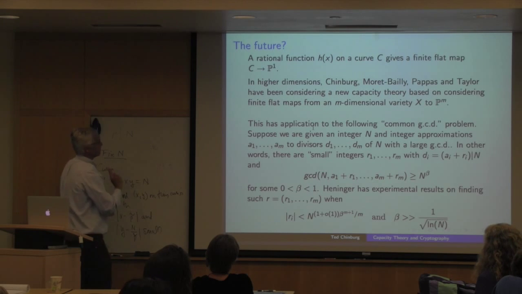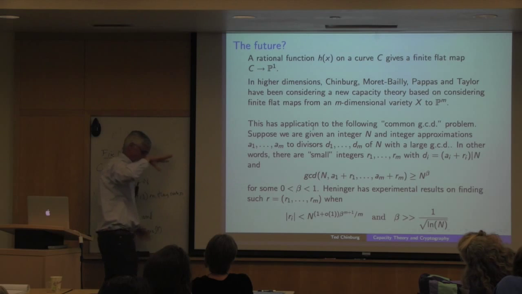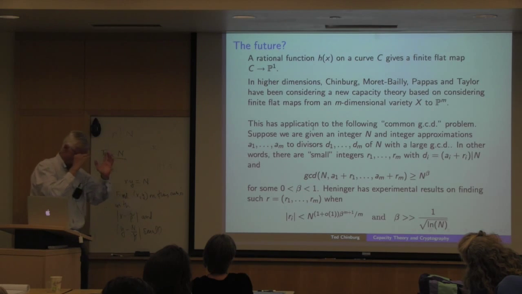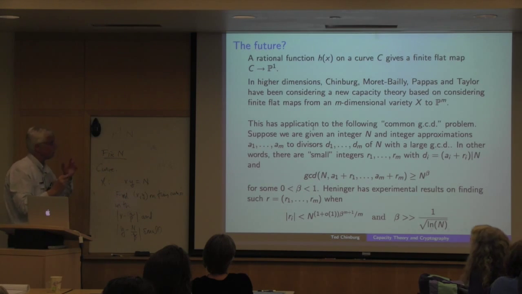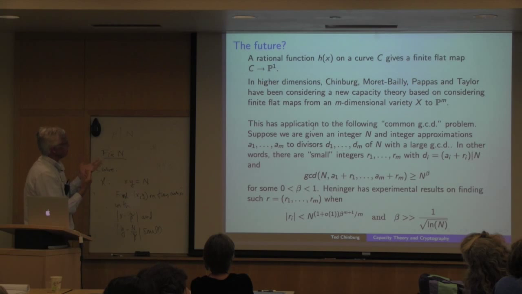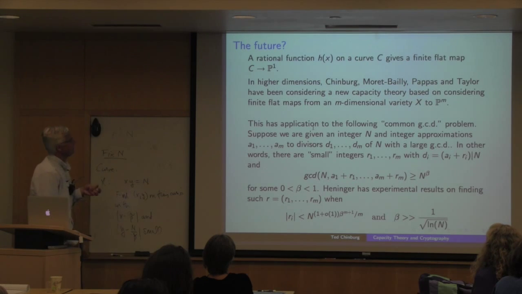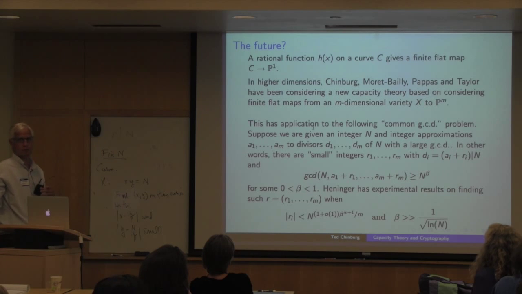And the kind of thing that we wanted this function to do was to take points on the curve over particular subsets of Q_v bar and push them down into small disks. So in higher dimensions, the natural thing to do is just to replace a curve by some variety of dimension m and replace P1 by projective space.